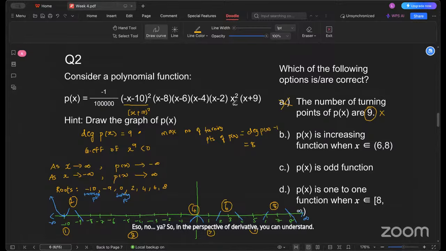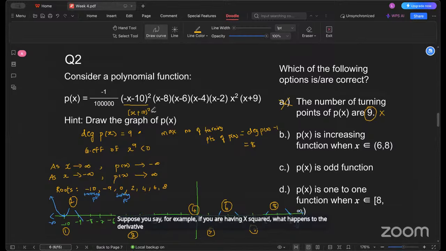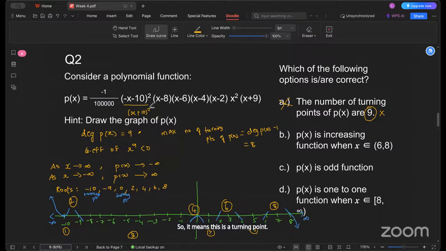Suppose you have, for example, x plus 10 whole squared. When you take the derivative, you will have 2 times x plus 10. If the derivative is equated to 0, you know that you have a root here. So it means this is a turning point. So the derivative should be 0 at the turning point, right?